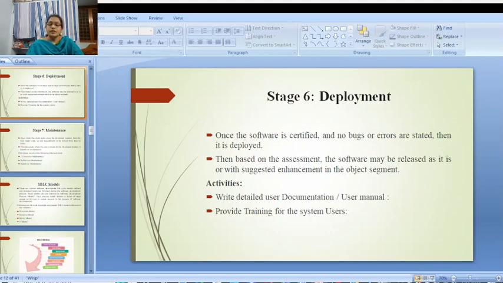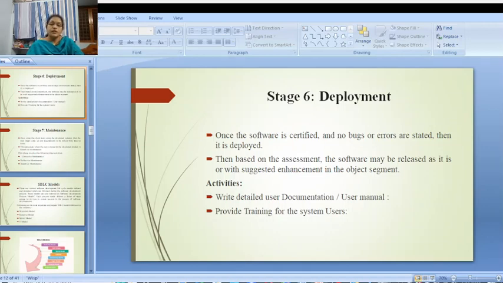It also explains how to use the newly implemented software or systems properly and optimally to take maximum benefit of it. So this is about the sixth stage, that is deployment.